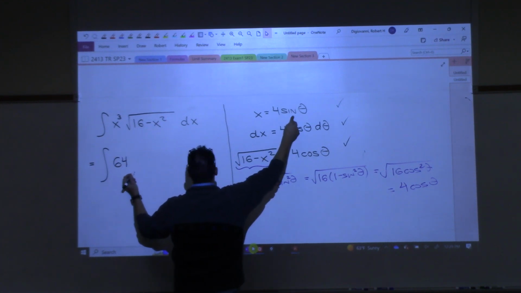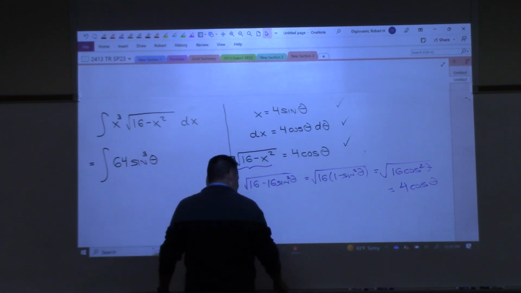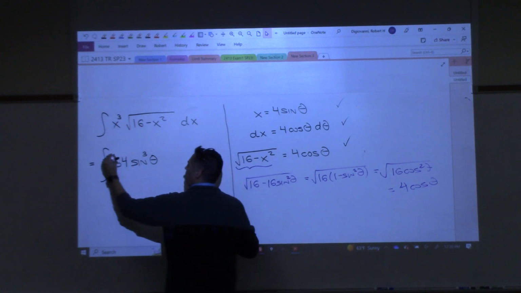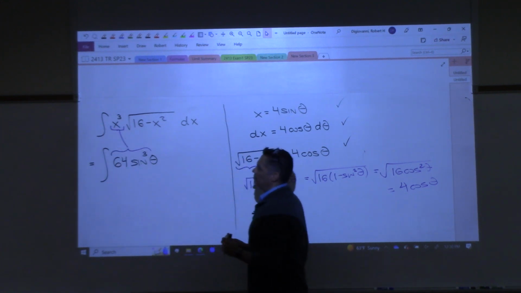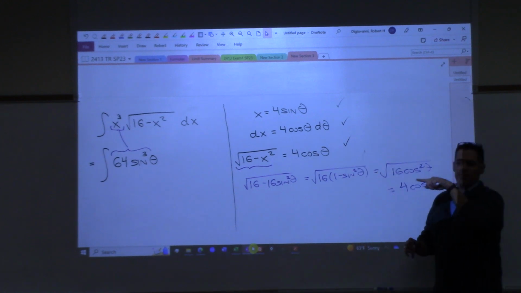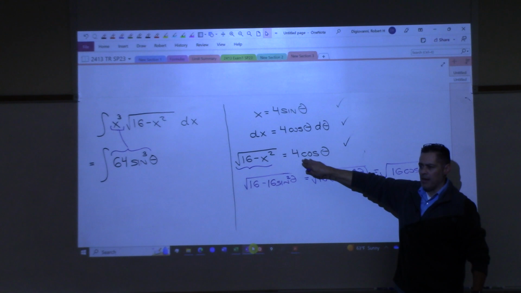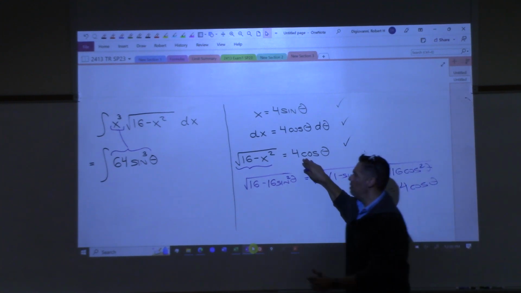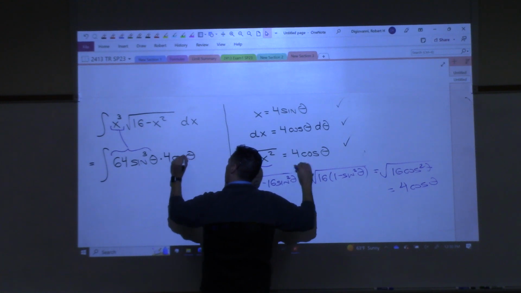And then I cubed the sine, sine cubed theta. That is that. What about the square root of 16 minus x squared? That's 4 cosine theta. So this times 4 cosine theta, that's this part.